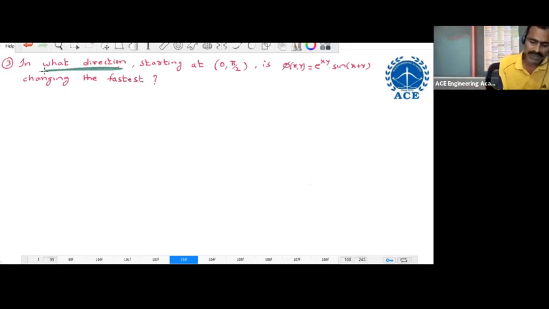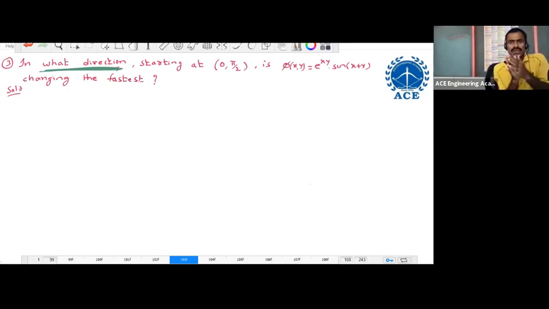We require the direction vector along which fastest change occurs. Already we know that the maximum rate of change, or greatest rate of change, or fastest change occurs in the direction of the normal when theta equal to 0. When theta equal to 0, the direction vector a bar coincides with the normal only.